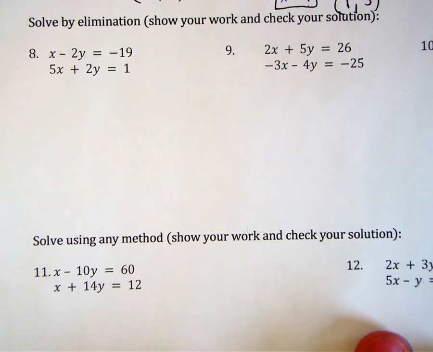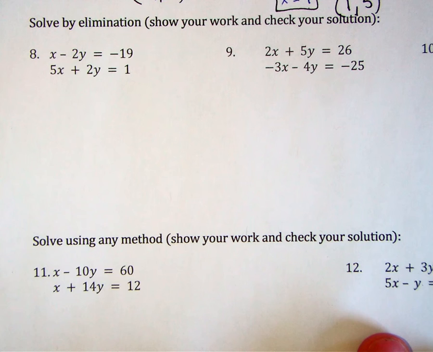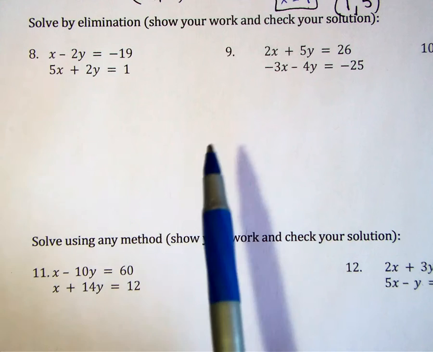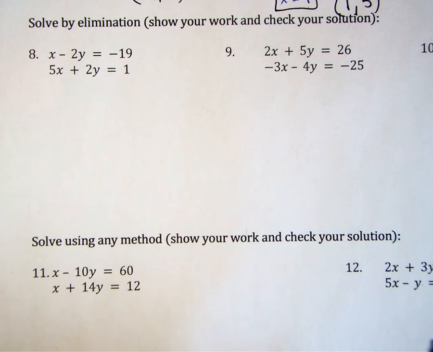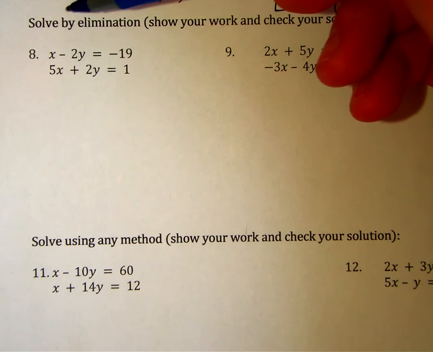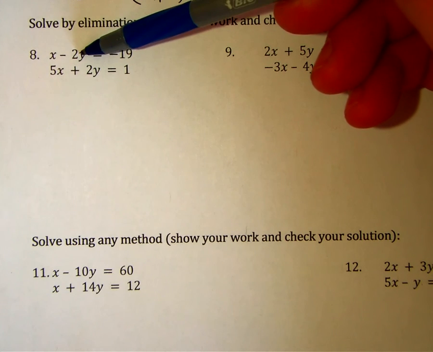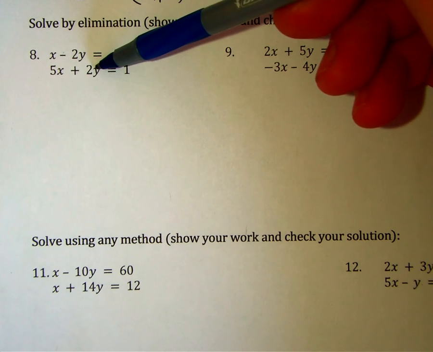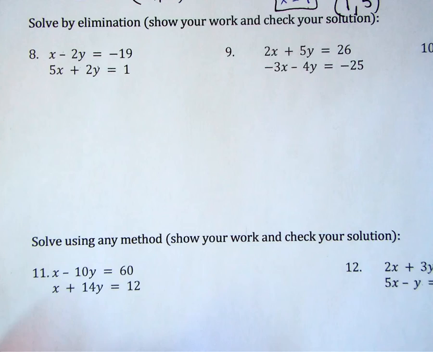Problem number 8, solve by elimination. Show your work and check your solution. Now, the elimination method requires us to have opposite coefficients for at least one of our variables. Looking at problem number 8, I can already see that I have a y value that has a coefficient of -2 and a y value that has a coefficient of 2.